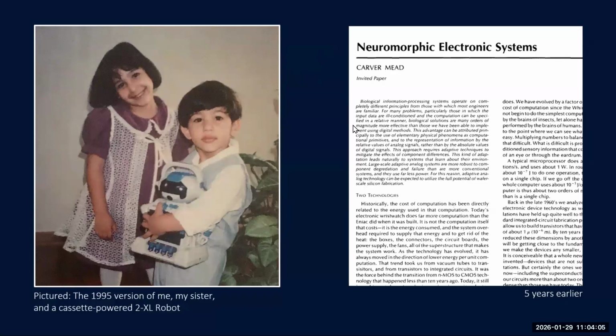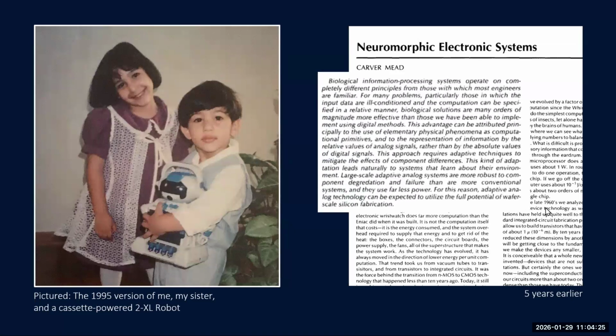Before we get into that, 5 years before this photo was taken, before I existed, this word, neuromorphic, was found in a fancy academic paper published by Carver Mead, a professor at Caltech, Neuromorphic Electronic Systems. Carver says that biological solutions are many orders of magnitude more effective than the digital computers from 1990, and to this day I would say that still holds true in many instances.